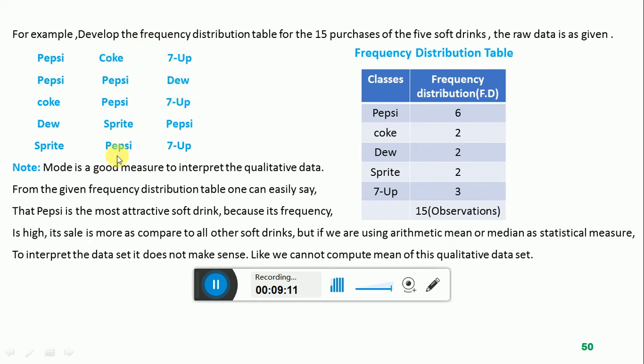In this raw data set, the statistician is representing 5 different soft drinks and having 15 purchases of all the 5 different soft drinks. The 5 different soft drinks are Pepsi, Coke, Dew, Sprite and 7-Up.